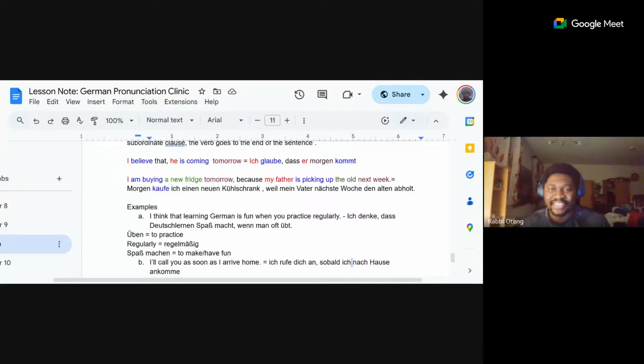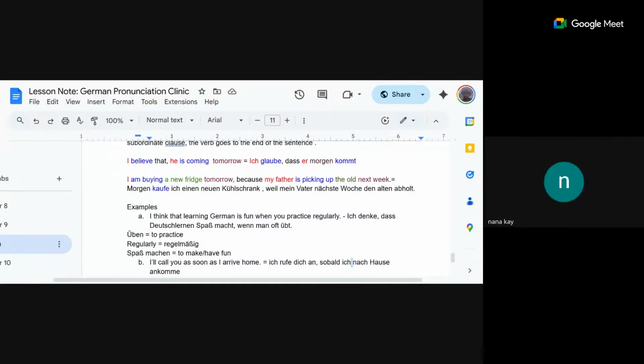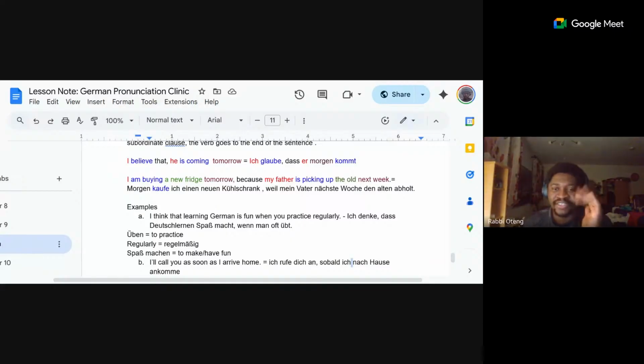An example is denn. Denn is also a conjunction, but when you use denn, you have to say ich komme. So you just have to know whether this conjunction requires you to put the verb at the end of the sentence, or whether it follows the normal order. With conjunctions, about 80% of them, you have to push the verb to the end of the sentence. Or let's say 90% of them. Okay.